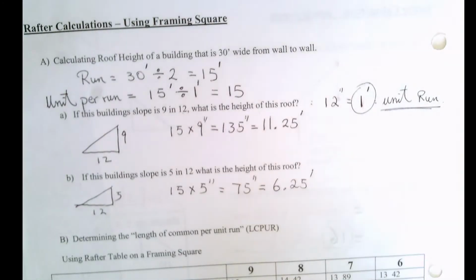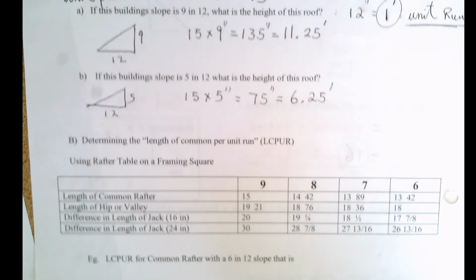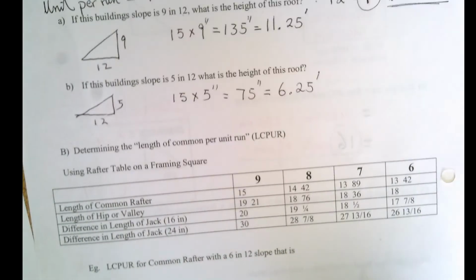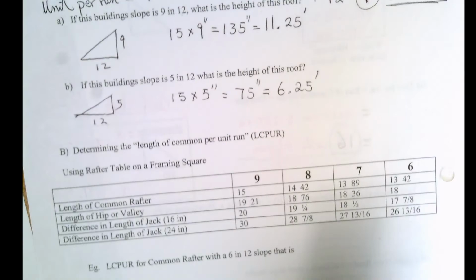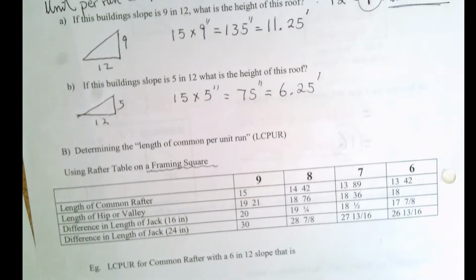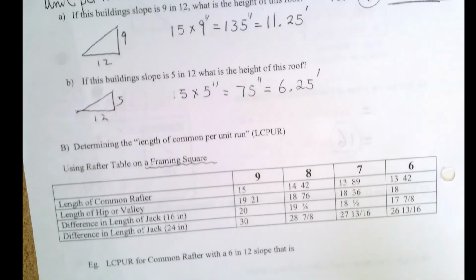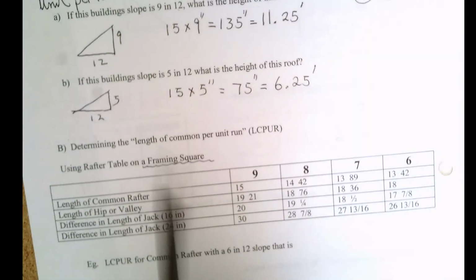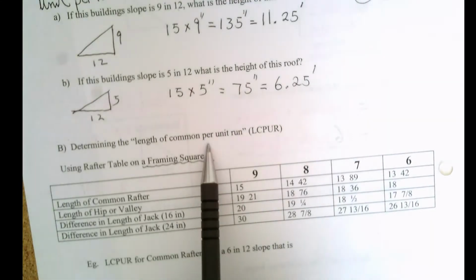Let's move on to the B part. Looking at the table of readings, extract from the framing square. I hope you know what a construction framing square looks like. They ask you to determine the length of a common rafter per unit run.